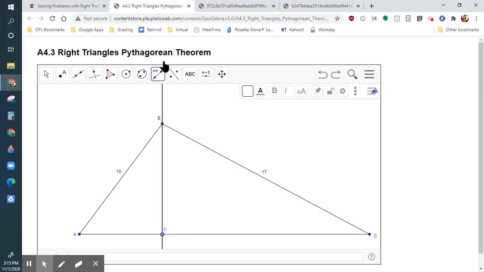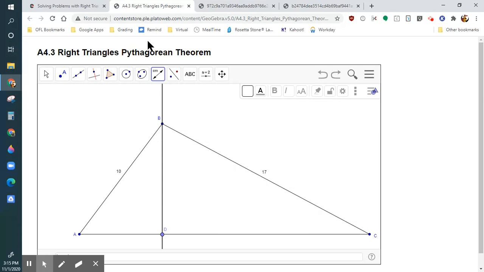Give me a second. I clearly didn't click on the right thing. Point B. That's not point B. Okay, having a hard time here.